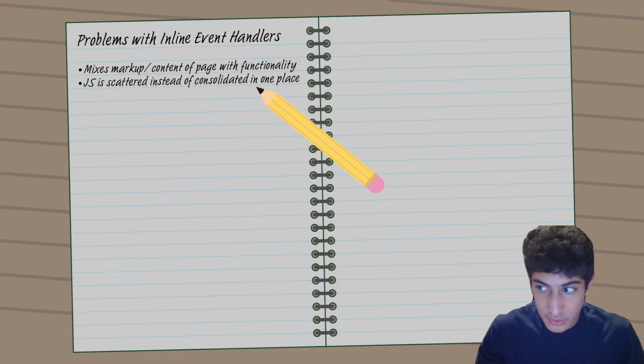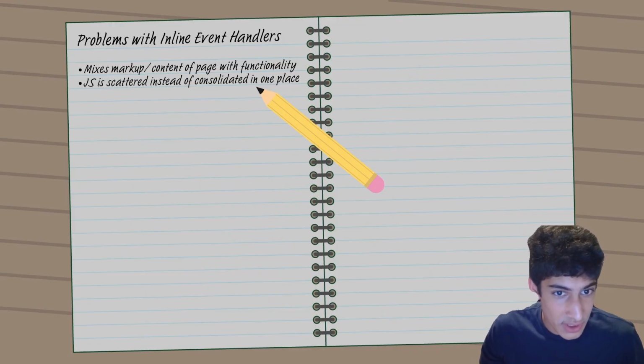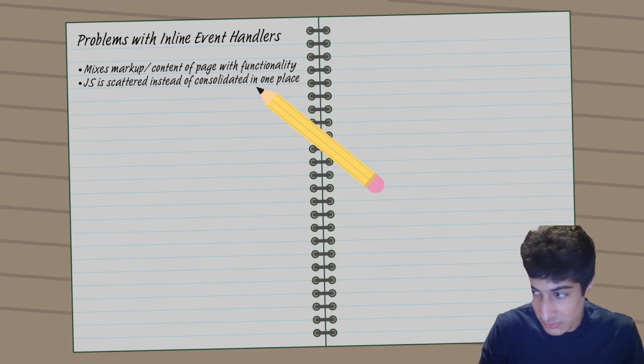However, the problem with this approach is that it mixes the markup, or the HTML code inside the page, with the functionality that's provided by JavaScript. This makes it so that the JavaScript is scattered all across the page instead of being all in one place inside of a single script.